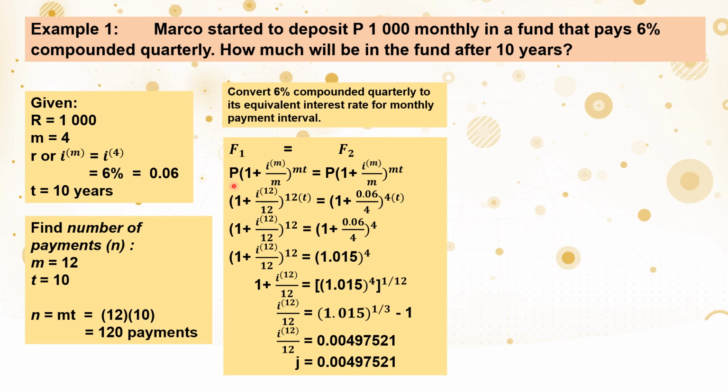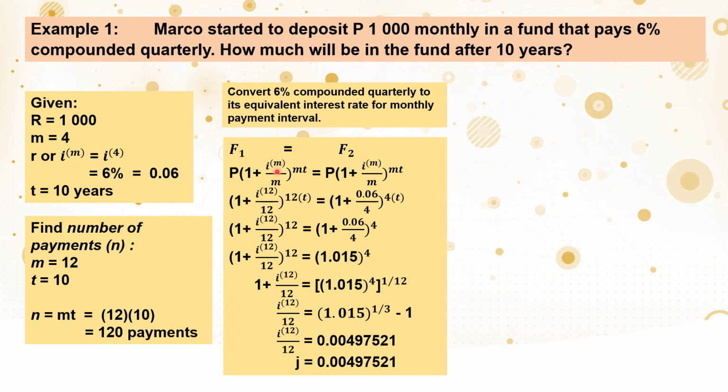So the formula is P times the quantity 1 plus I raised to M over M, raised to MT. Pareho sila because F sub 1 is equal to F sub 2. I repeat, F sub 1 is the interest rate for monthly payment. So yung M natin dito ay 12.